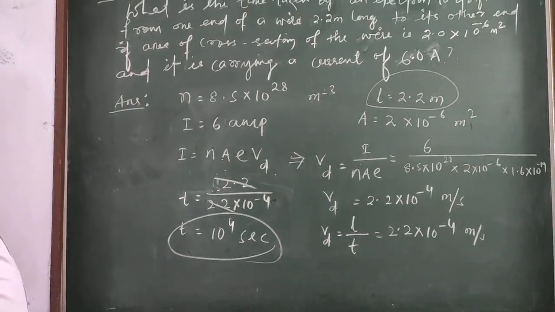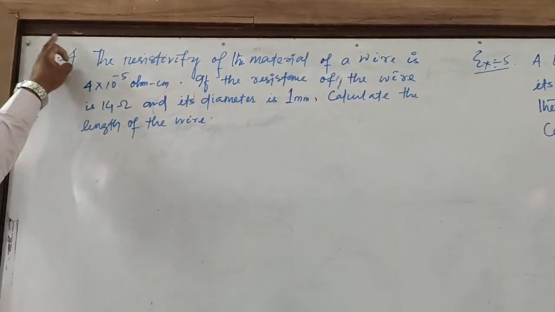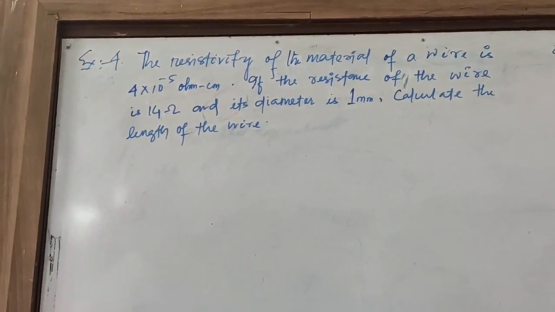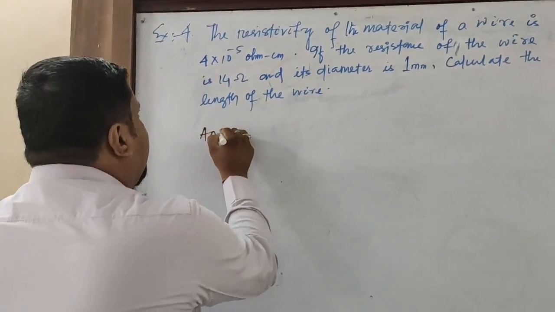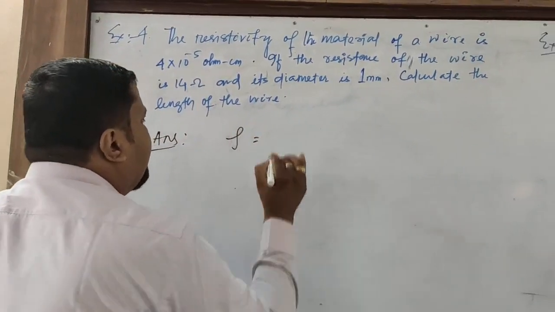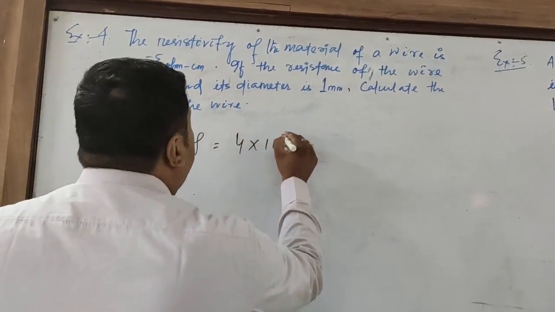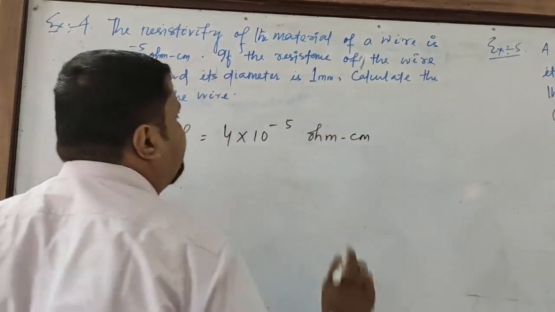Okay. Now come to example number 4. The resistivity of the material of a wire, or specific resistance, is given as 4 × 10^-5 ohm cm.